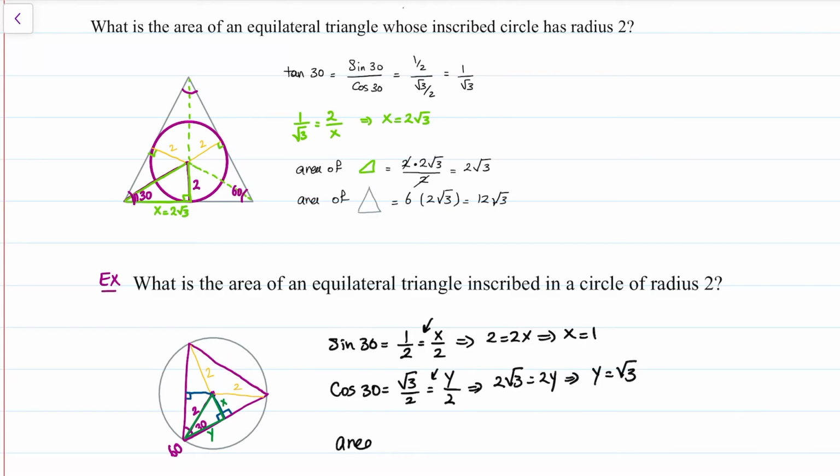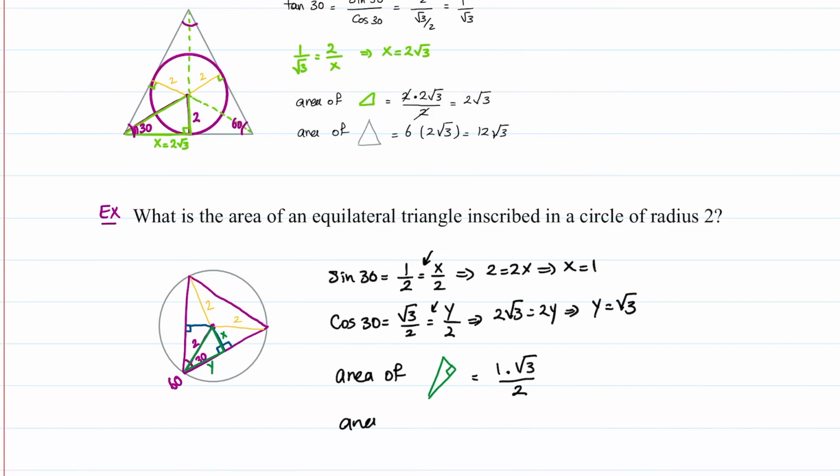Perfect. And in that case, the area of the green triangle is equal to the height times the base divided by 2. Now, how many of these triangles do I have in here? I have 6: 1, 2, 3, 4, 5, and then 6 of them.